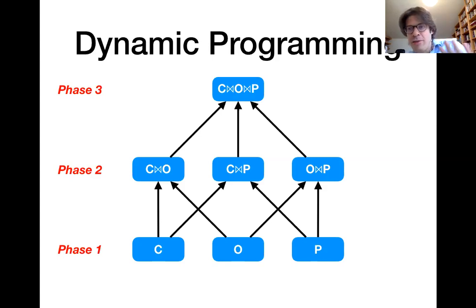The optimizer would essentially, first of all, figure out optimal ways of accessing single tables using, for instance, indexes or not using indexes. Then it would compose those optimal access paths for single tables in order to form optimal paths for joining table pairs.